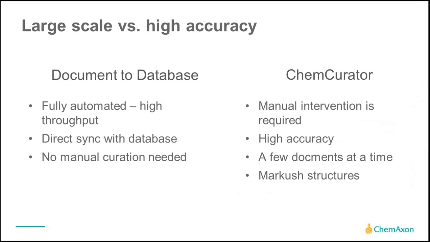Now, document to database is, as I'm sure you understand by now, designed to be high throughput. It is fully automated. It scans through large document repositories, extracts the chemistry in an automated fashion, and synchronizes the database with newly coming information immediately.